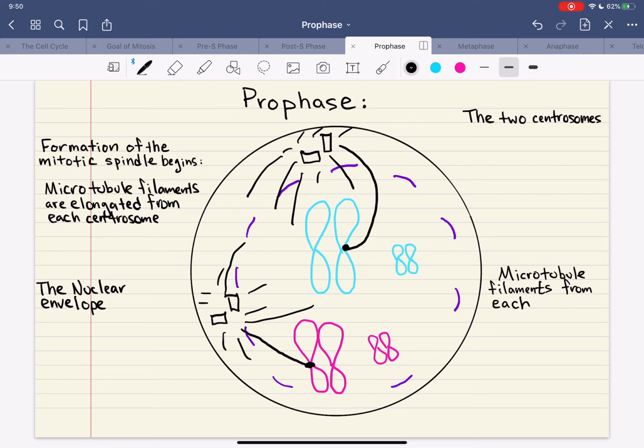Also, these two centrosomes are going to start to move away from one another. They're going to start migrating to opposite poles of the cell.